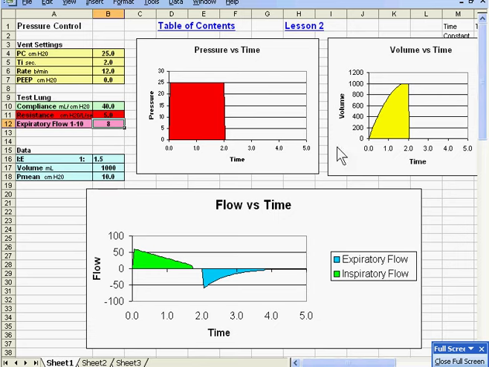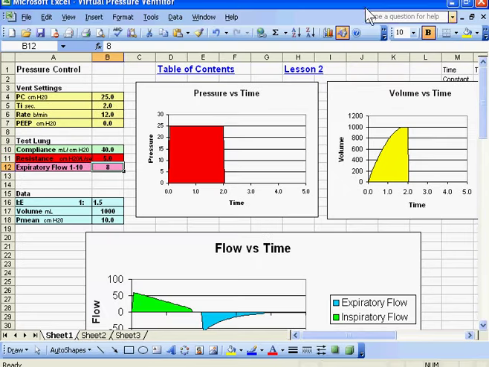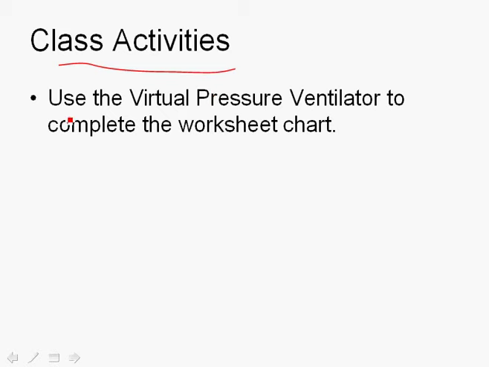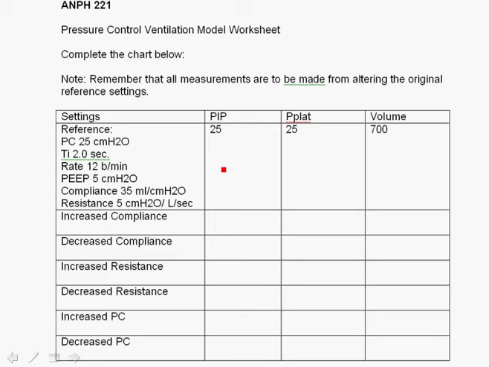So to explore these relationships, I've created the pressure control virtual ventilator that you can utilize. You can use the virtual pressure ventilator and work on this worksheet here, so you can look at the relationship between PIP, P-plat, and volume delivery.